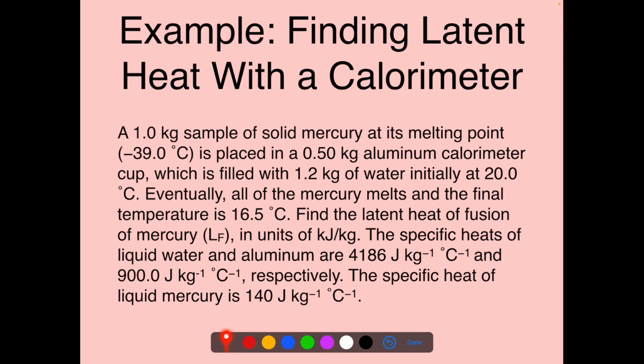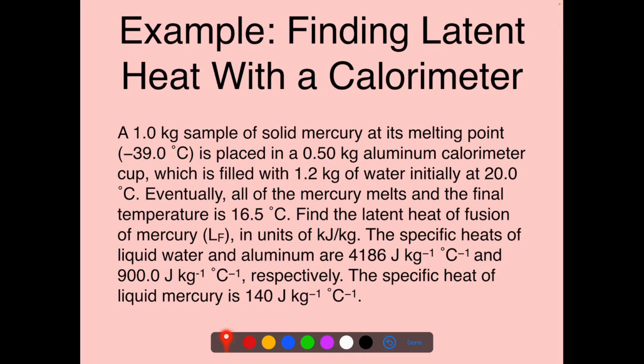So eventually, all of the mercury melts, and the final temperature that everything reaches when everything is in equilibrium is 16.5 degrees Celsius. So using all this data, we're going to find the latent heat of fusion, LF, of mercury in units of kilojoules per kilogram.